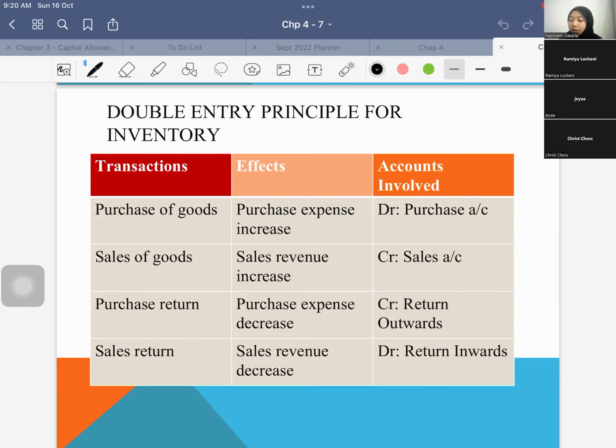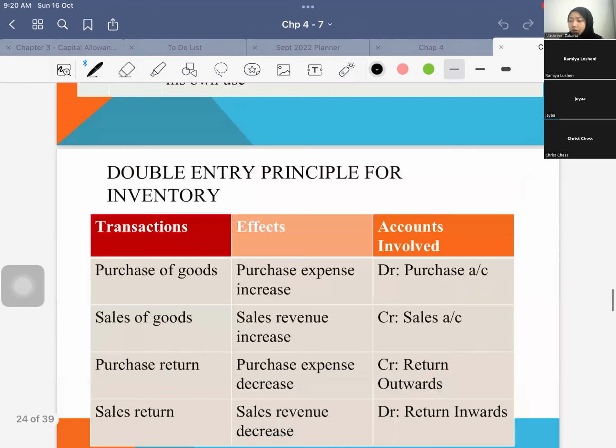Since we have learned, you guys already learn about the identifying effect, dah buka journal, and also now we want to look back at how you buka T account by referring to your journal. Okay.